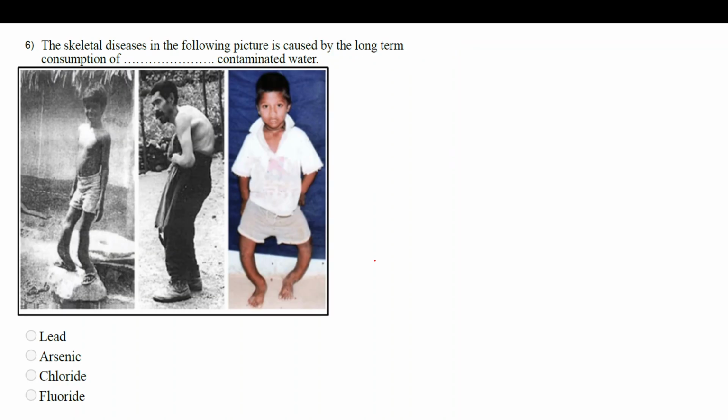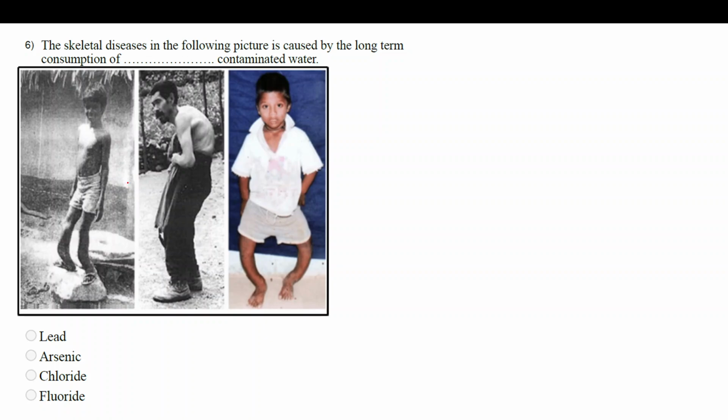Next, the skeletal disease in the following picture is caused by long-term exposure to or consumption of which of the following contaminated water? So we have understood that there could be some adverse impacts to our various body organs due to various chemicals and even microorganisms.